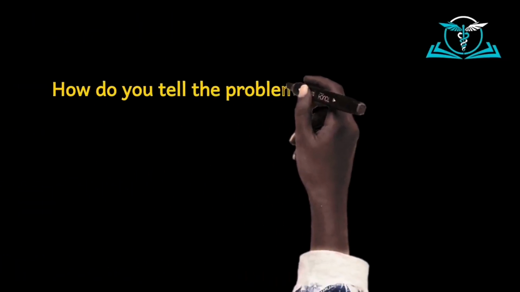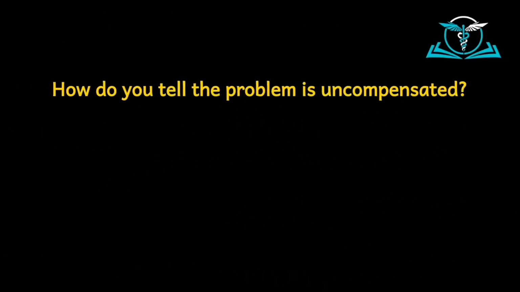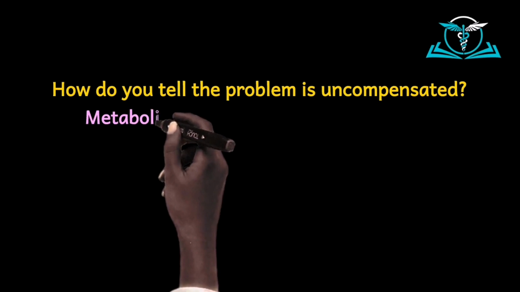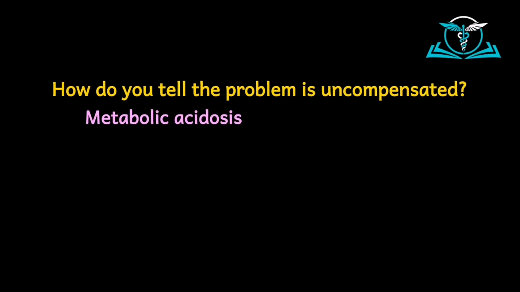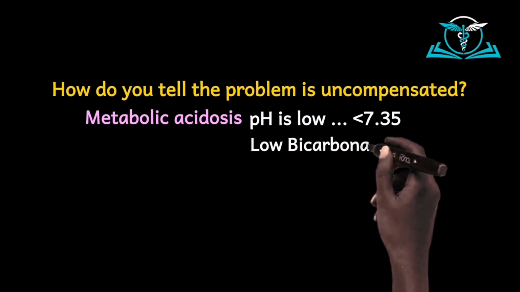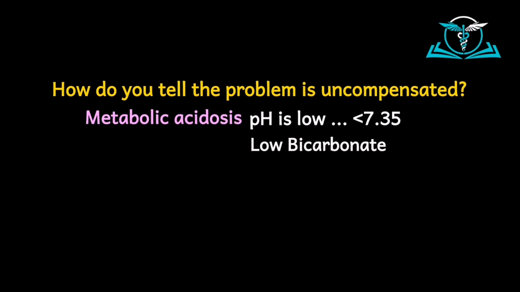So how do you tell that the problem is uncompensated? We are on step 3. Let's take an example. We have metabolic acidosis. You know that the first thing you have to do is to check the pH, which will be low, that is less than 7.35. Then what makes it metabolic is that there is a low bicarbonate ion, and so that is metabolic acidosis.